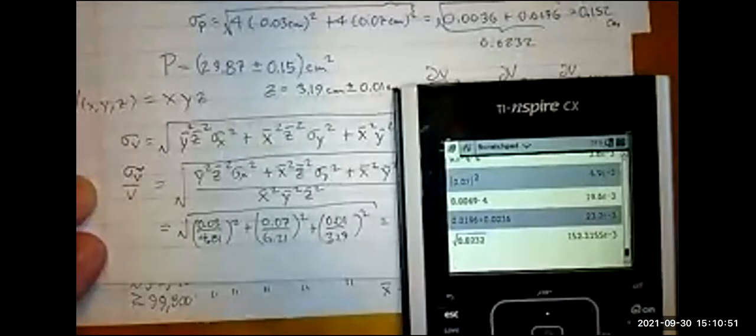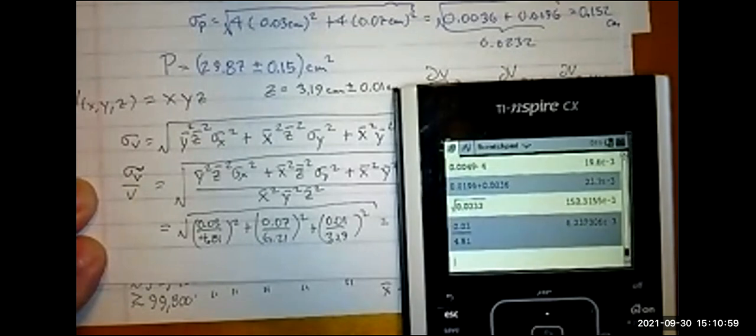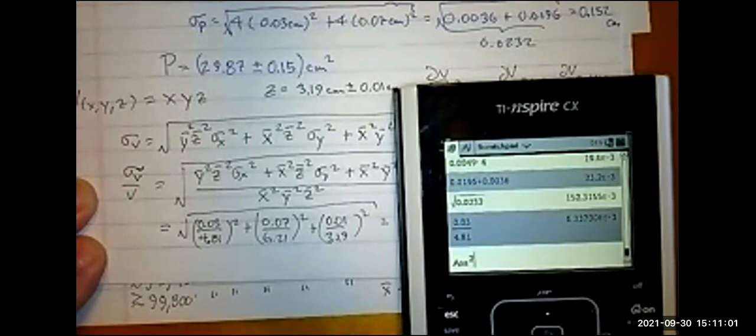So when I do this, I'm going to take 0.03 divided by 4.81. And I'm going to square that. And now I'm going to say plus parentheses 0.07 divided by 6.21. I'm going to square that.